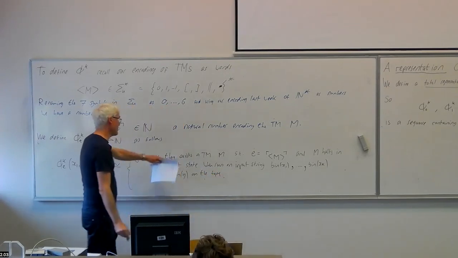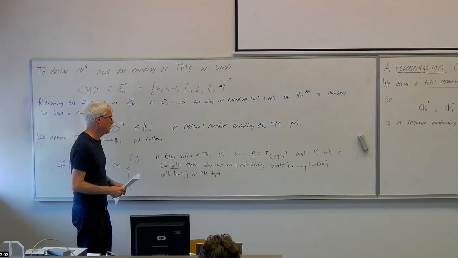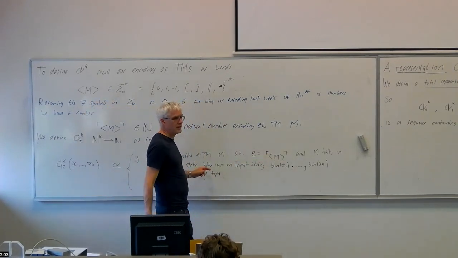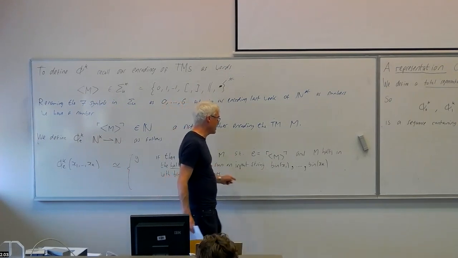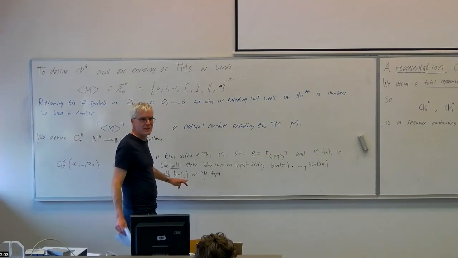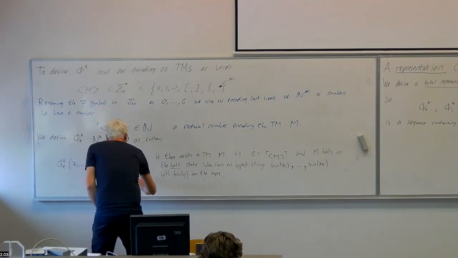And if there is no such Turing machine, or there is such a Turing machine but M doesn't halt in the halt state, or it does halt in the halt state but doesn't do the right thing, it doesn't halt with the binary representation of a number, in any of those cases the function's undefined.